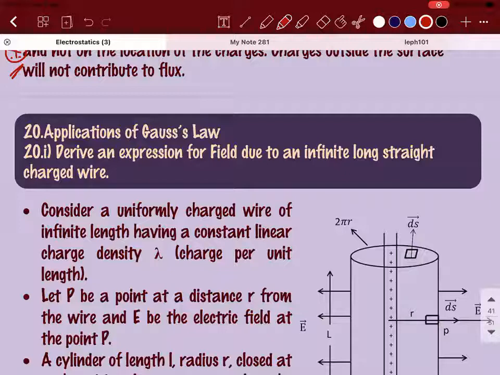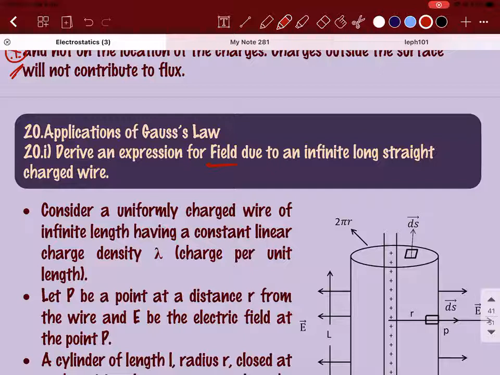For you to apply Coulomb's law, you need to take one such particle, calculate the electric field due to that particle and then integrate it, which is a very big process. To overcome that, Gauss law is used to calculate the expression for field for extended objects where there is a symmetry available.